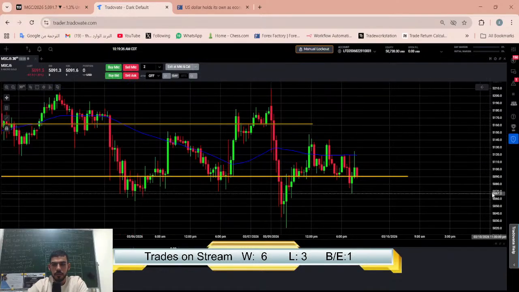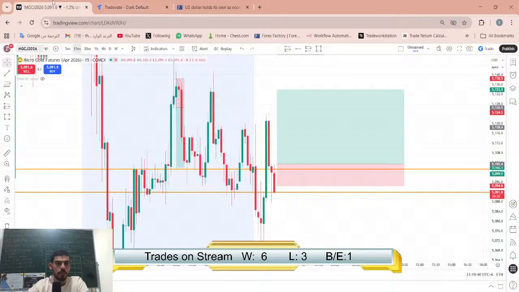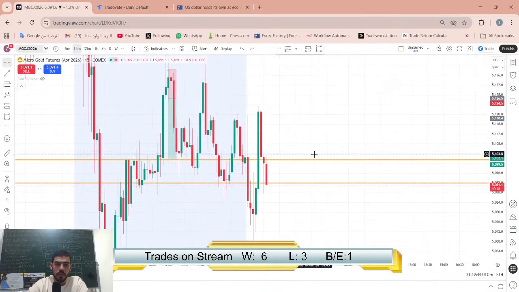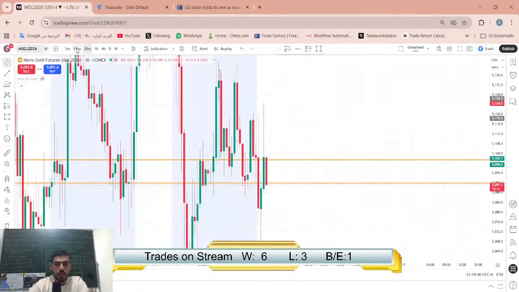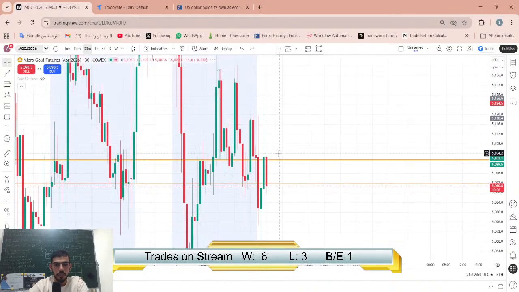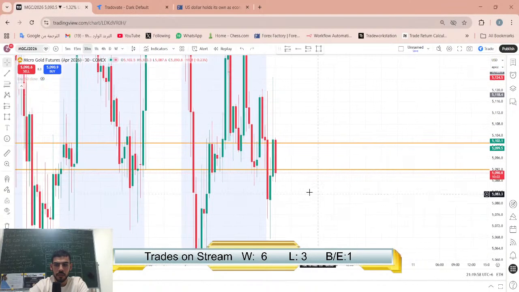Because even if you have the best strategy in the world, if you cannot control your emotions, I don't think it will work for you. The 30-minute candle is looking very, very good for sells.